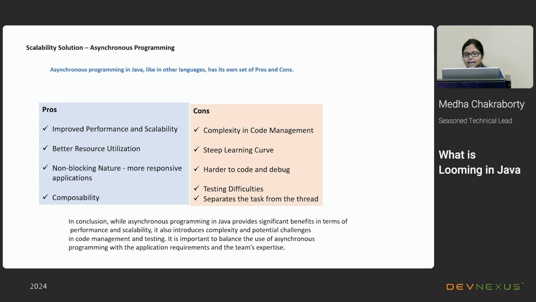So in a nutshell, asynchronous programming obviously provides significant benefits in terms of performance and scalability. It also introduces complexity and potential challenges in code management and testing. It is important to balance the use of asynchronous programming with the application requirements and the team's expertise.